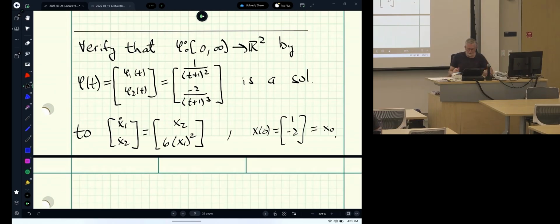Okay, so I'll let you do that at home. Verify that function.